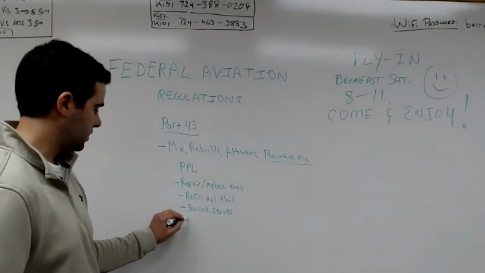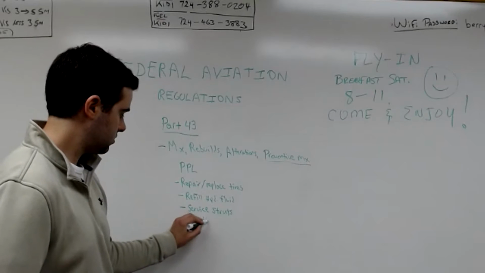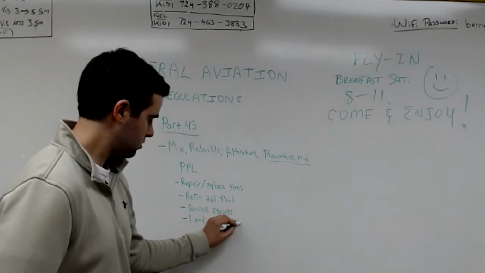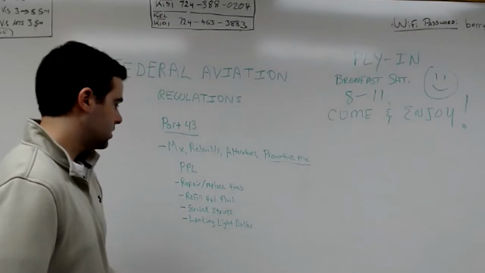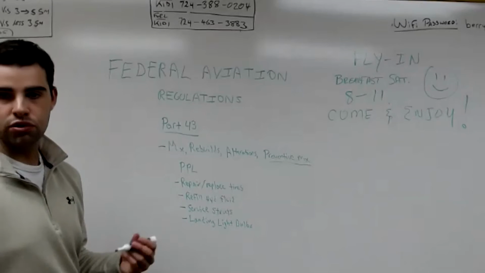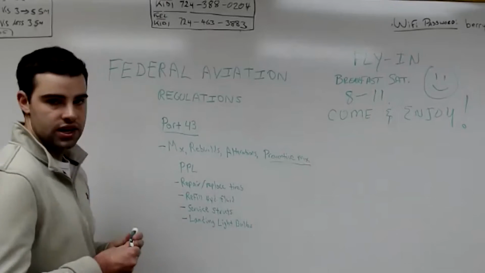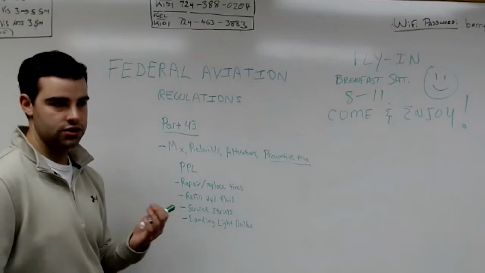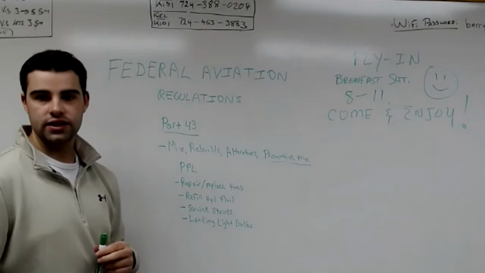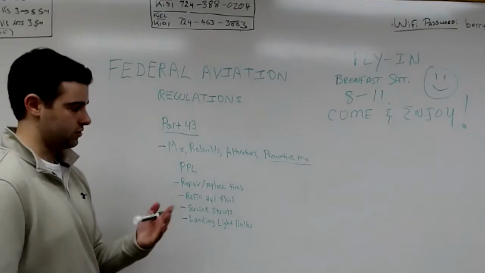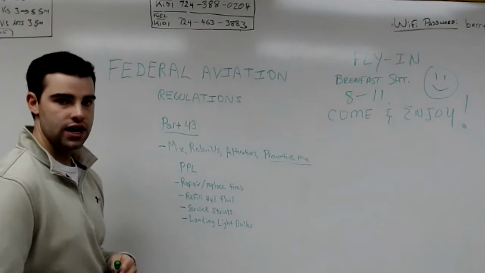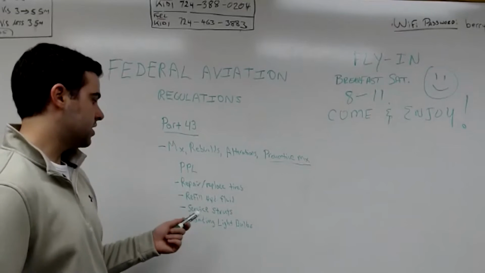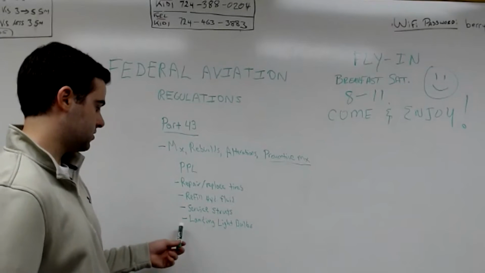And you can change the landing light bulbs. All right, so this is all stuff that can prevent something big from happening, which is why the FAA allows you to do it. So for example, go out there, repair and replace the tires. Let's say you're doing your walk around and you find a tire that's about to blow. The cord is showing in it, and you have an extra tire in there. You can go ahead and grab that tire and replace it. And there you go, you prevented that from happening. You can refill your hydraulic fluid, service the struts, change your landing light bulbs.